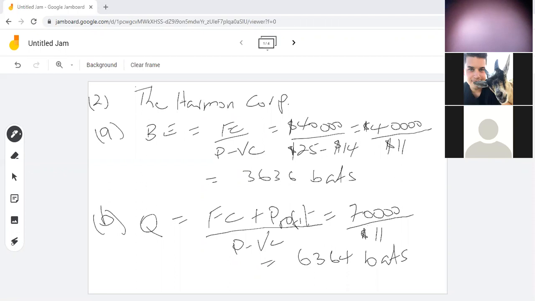All right, so question 3 says, Sean Pen and Pencil has fixed cost of 80,000. Its product currently sells for $5 per unit, and it has variable cost per unit of $2.50. Mr. Big, the head of manufacturing, proposes to buy new equipment that will cost 400,000 and increase fixed cost to 120,000.